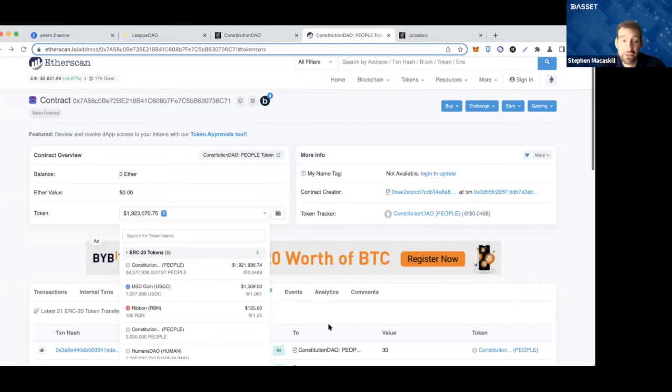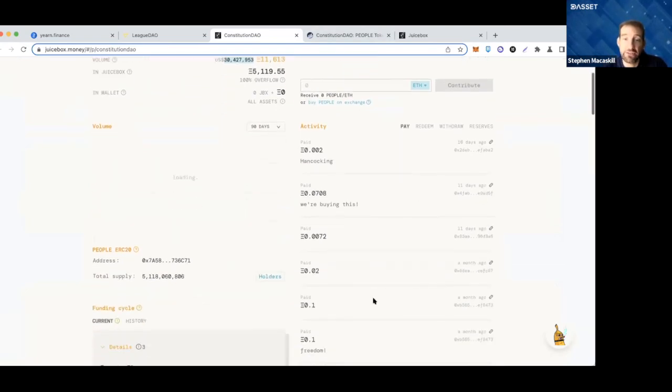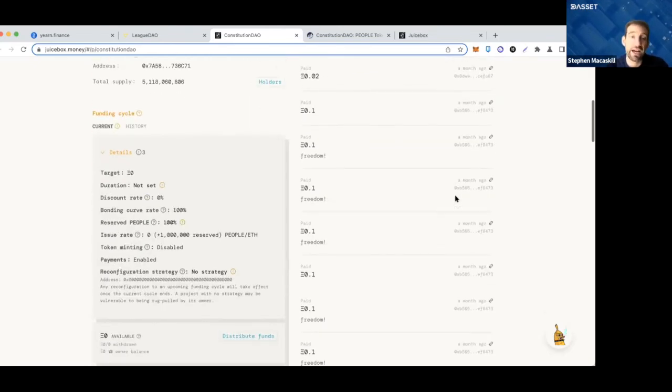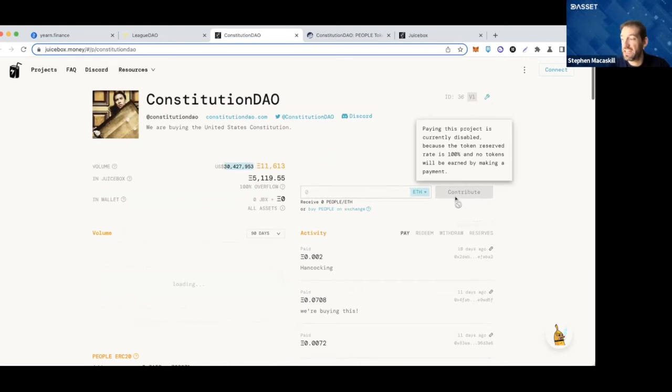So somebody can use some of these Constitution tokens, redeem them for ETH to get the Ethereum that was put into the vault. Because the vision of the vault failed, the conclusion was paying everyone back. And so you can see that people have been redeeming their ETH, turning in their tokens back for ETH.